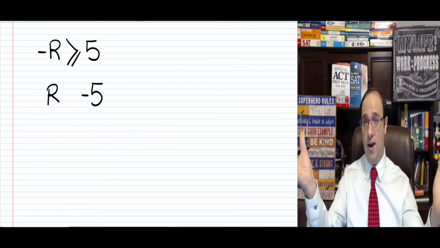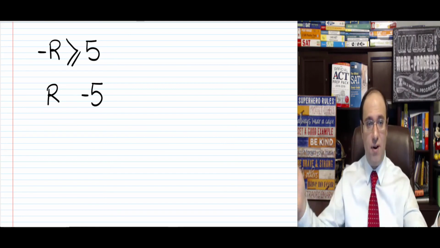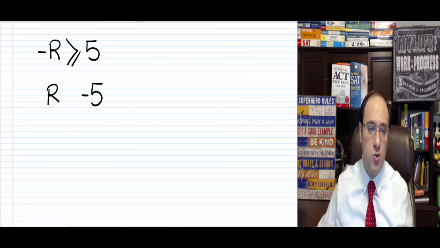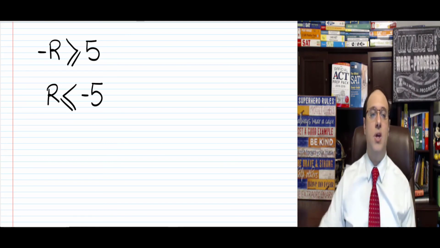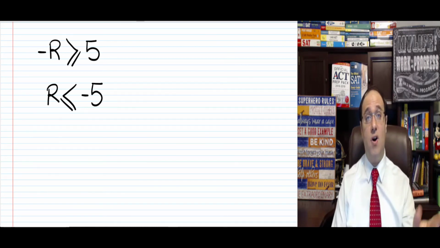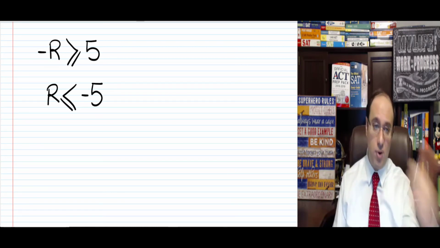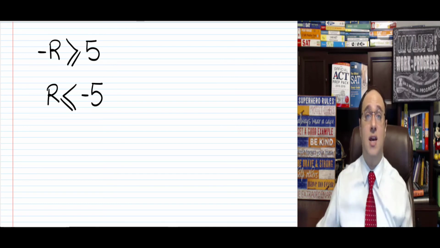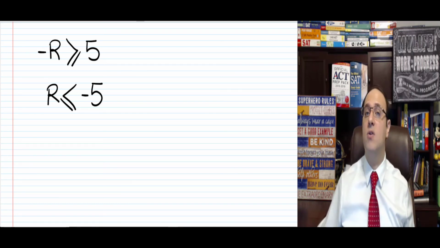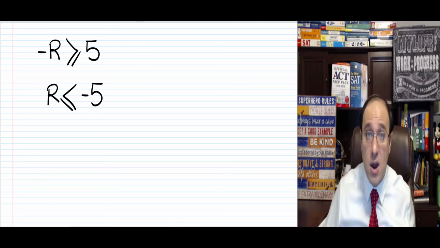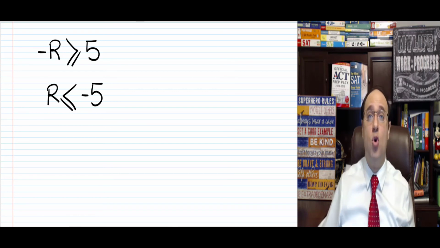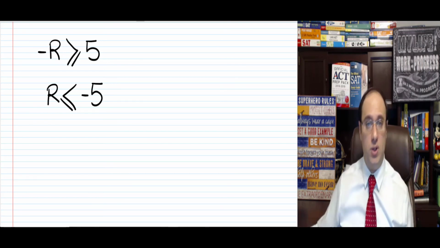Negative r and 5 became positive r, negative 5. But I must also switch the relationship between them. So negative r is greater than positive 5, positive r is less than negative 5. What about the equal right here? No problem. It's greater than or equal. It became less than or equal because the equal doesn't really matter.